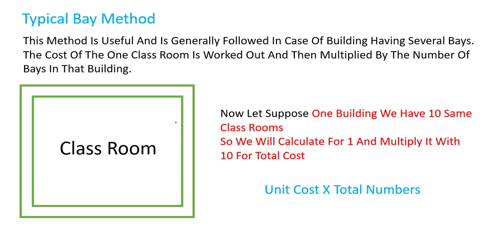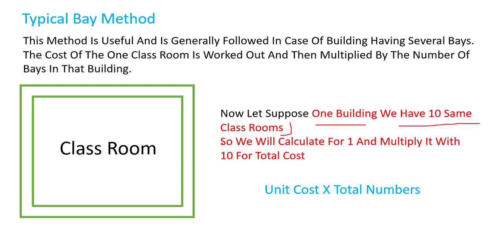The next one is the typical bay method. This method is useful and generally followed in the case of buildings having several bays. The cost of one classroom, let's suppose, is worked out and then multiplied by the number of bays in that particular building. Let's suppose we have one college building and we have a total of 10 same classrooms.